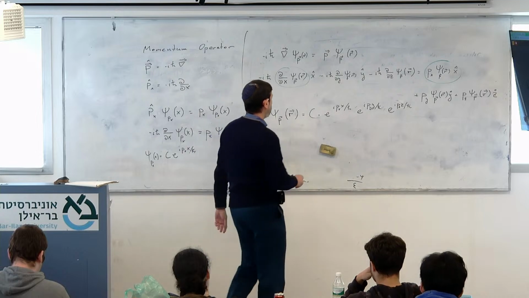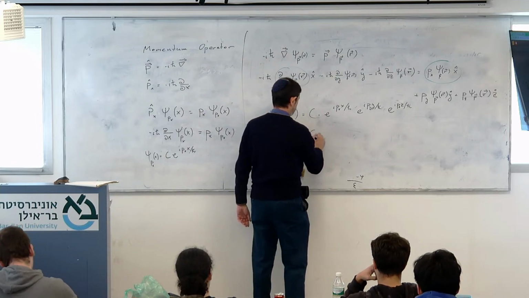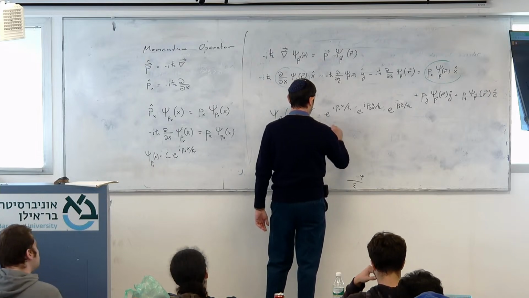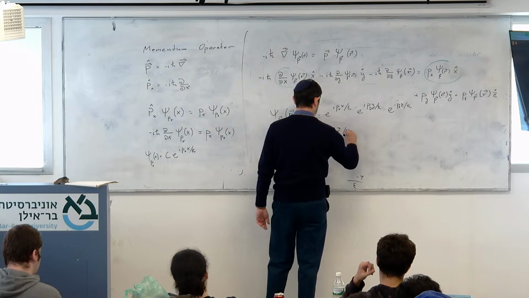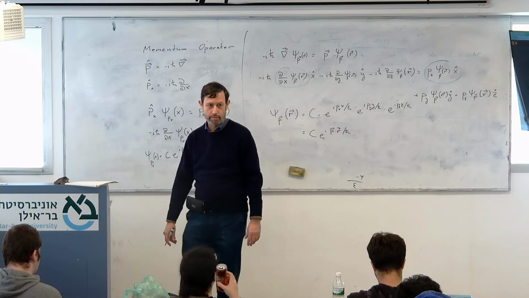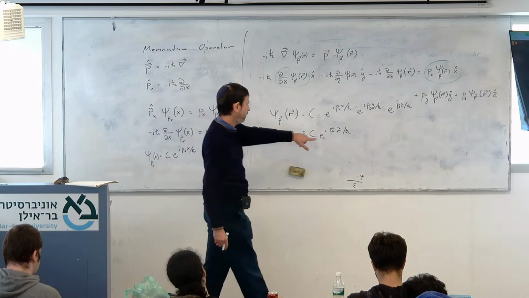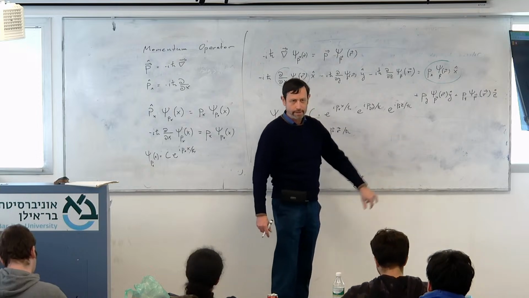Okay, shorthand for this is writing it in this form. So this will give me px times x plus py times y plus pz times z.